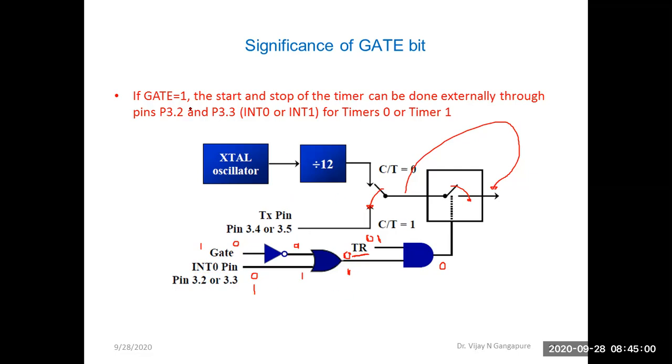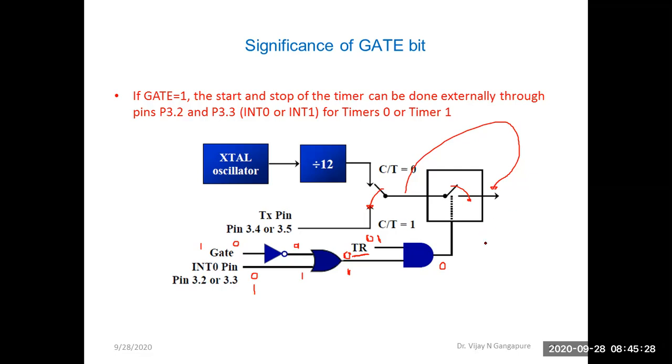So when the gate bit is 1, the start and stop of the timer can be done externally through pins P3.2 and P3.3, that is the INT0 and INT1 pins for timer 0 or timer 1. Not only by using INT pins, we also need the TR bits. Without TR bits, we cannot turn on or off timer 0 and timer 1.